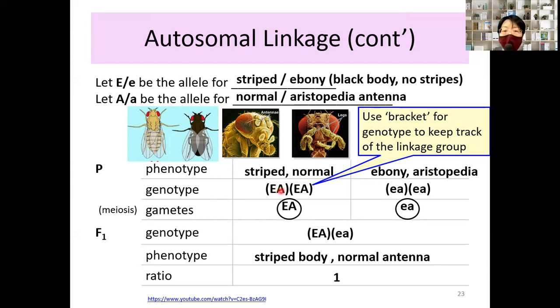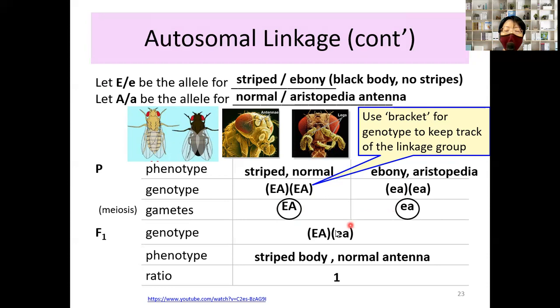Okay? So therefore, striped normal cross with ebony Aristopedia. We start with parents that are pure breeding, meaning homozygous with contrasting characteristics. So big E and big A must be placed together in a bracket. Small e and small a placed together in a bracket, showing that they're linked genes. So this is the only difference when you do genetic crosses for linked genes. And the rest will be the same.